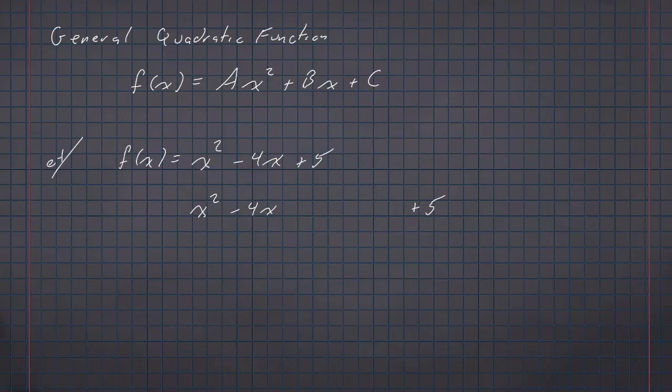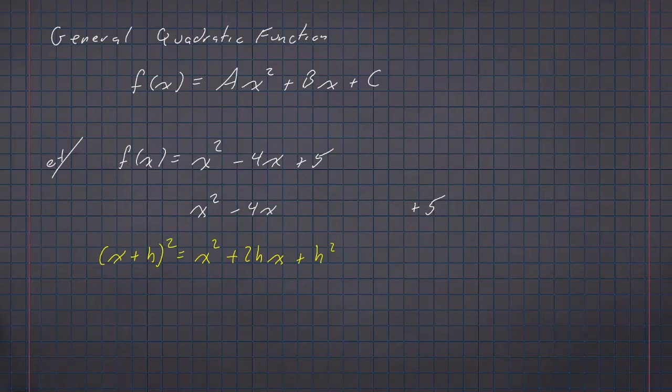A perfect square trinomial is something in the form x plus h, the whole thing squared. And if you multiply that out, you get x squared plus 2 times h times x, plus not x, we already have an x, plus h squared.